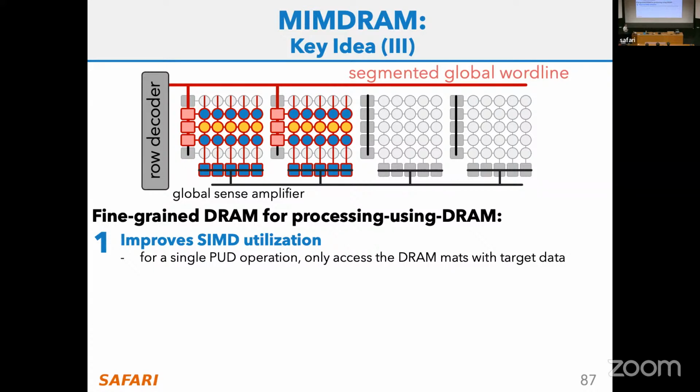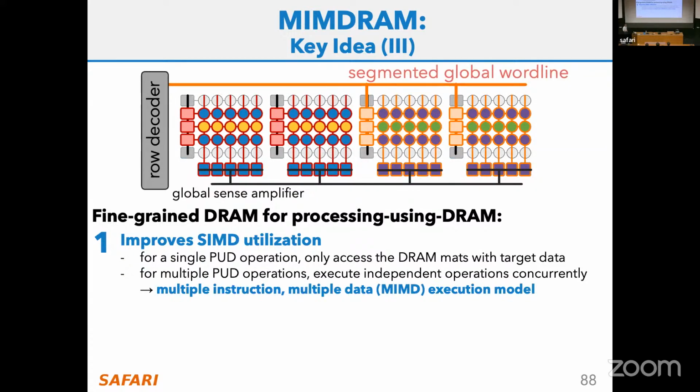So for a single processing using DRAM operation, I'm going to only access the data of the mats with the target data. And this enables another thing. If I have an operation sitting in half of my mats, and a data-independent operation sitting in the other half of the mats, I can do these two operations in parallel now. So for multiple processing using DRAM operations, I can execute them independently and concurrently across different DRAM mats inside a single DRAM subarray.